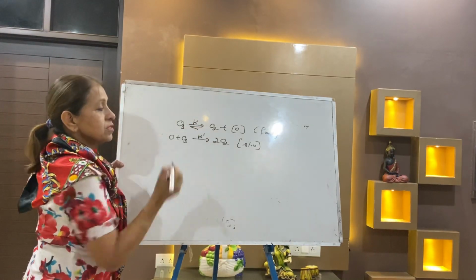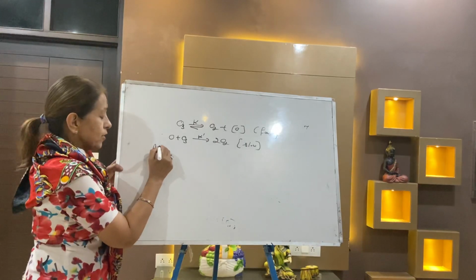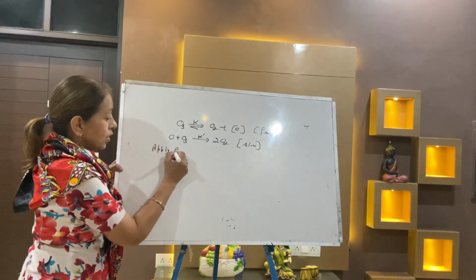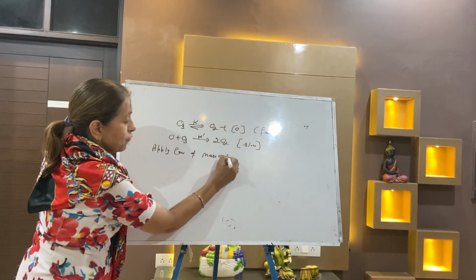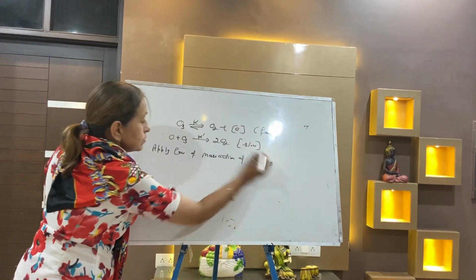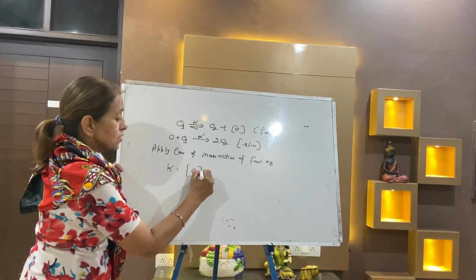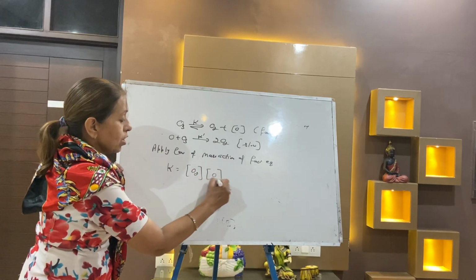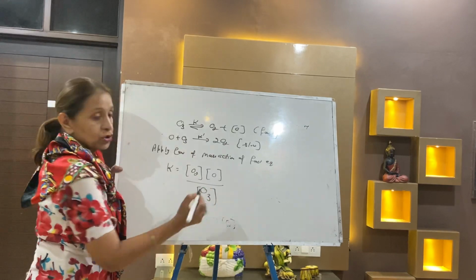When the first step is fast and the second is slow, apply the law of mass action on the fast step. Your answer comes K is equal to [O2][O] divided by [O3].